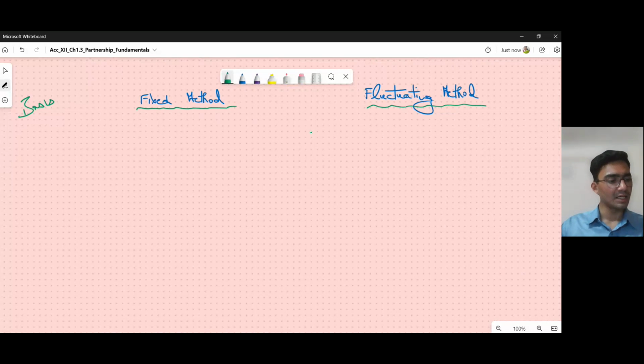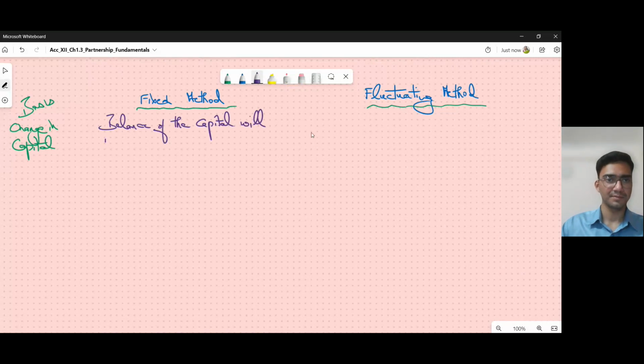So the first basis is the change in capital. In the fixed method over here, the balance of the capital will not change except in case of addition or withdrawal of capital.